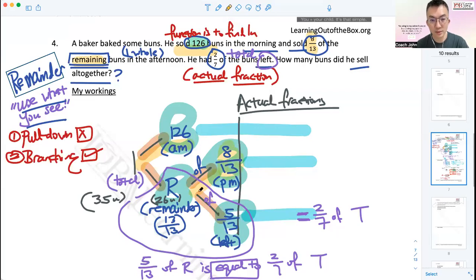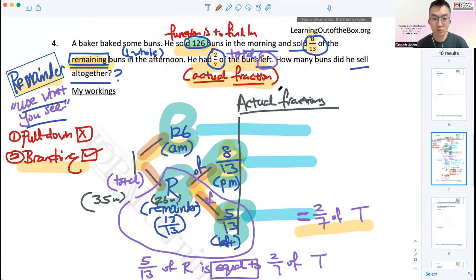And then of course you have some left, and this came from the top. And then again, you just continue with this one, and it's just plugging in the numbers of fractions and keywords that you see. Then how do you know it's branching? Because of remaining and actual fraction. So you use branching. So the yellow part is the processing part.